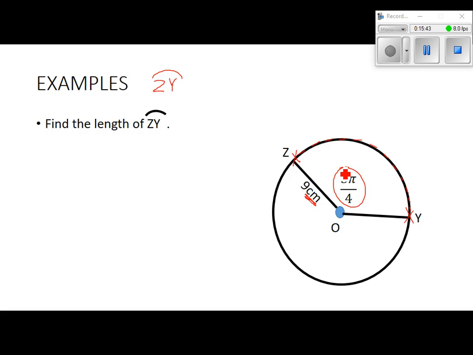We could change that to degrees, and since it's a central angle, that's going to be the same as the arc, and we use that arc length equals, if we go back in our notes, the arc length equals the arc measure over 360 times diameter times pi. We could use that formula.